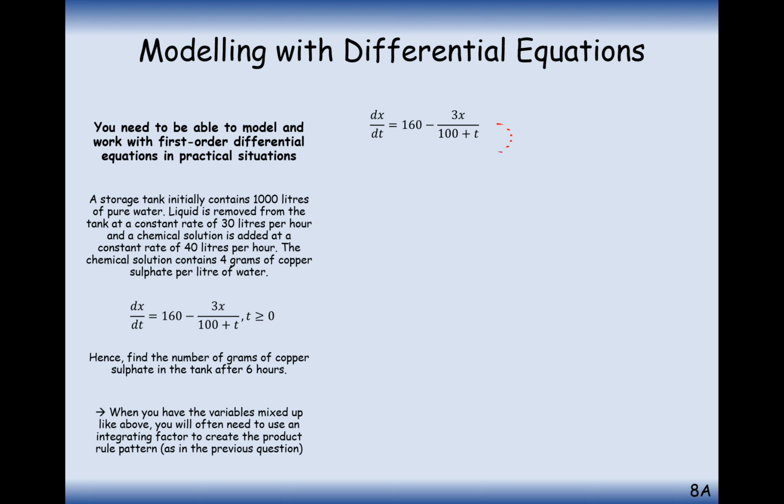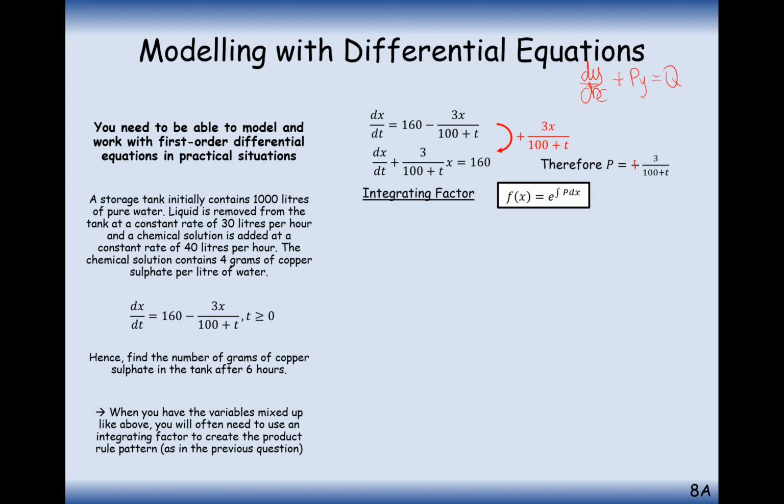What we'll have to do here is move the 3x over 100 plus t onto the other side and then solve it like we would a dy by dx plus py equals q derivative, where we need to use an integrating factor, and p is the function that's in front of the dependent variable. So p is therefore positive 3 over 100 plus t.